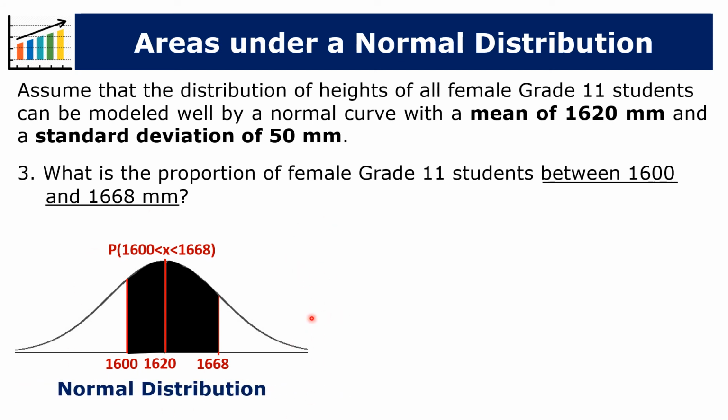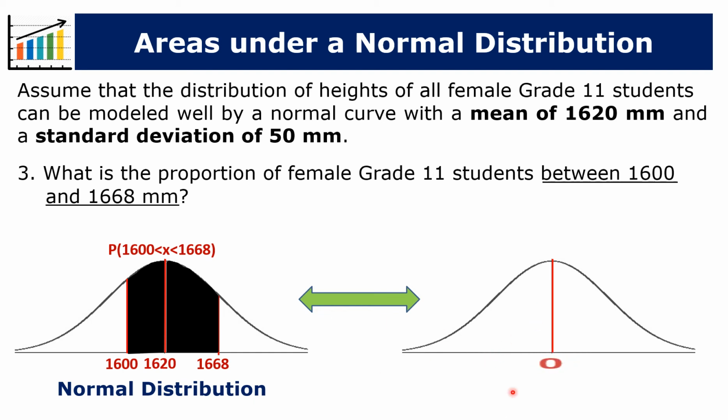So again, to find the area between 1,600 and 1,668, there's a need for us to convert this one into a standard normal distribution. So again, we have this graph. The mean is 0 since we are talking about standard normal distribution. So 0 yung counterpart or equivalent ni 1,620 na mean. Okay?